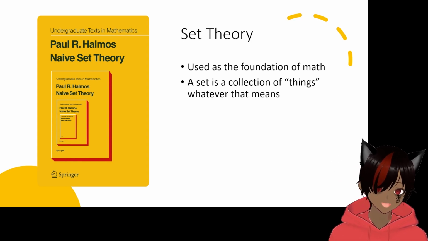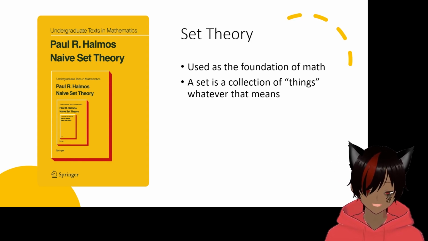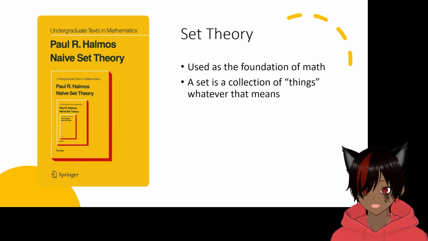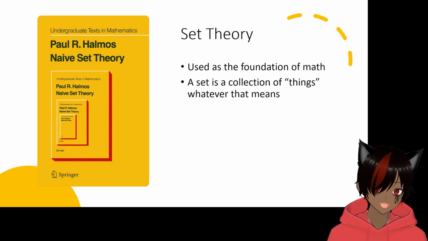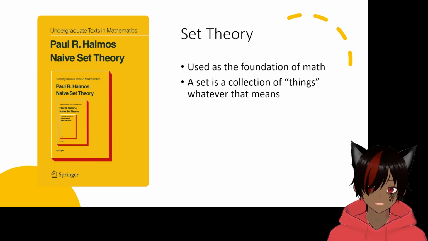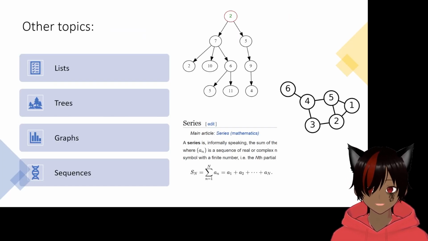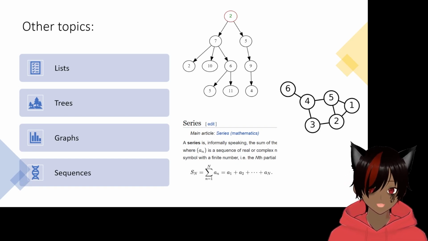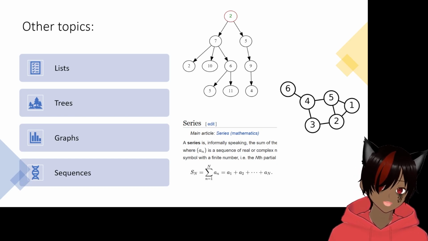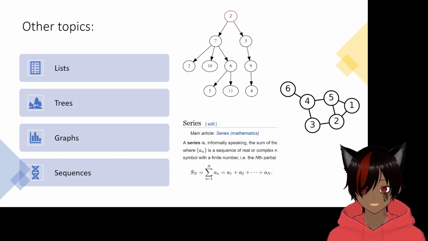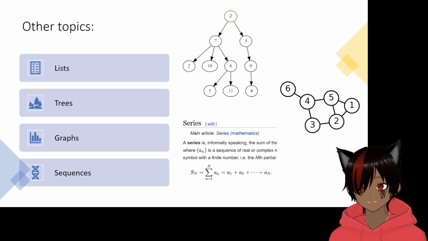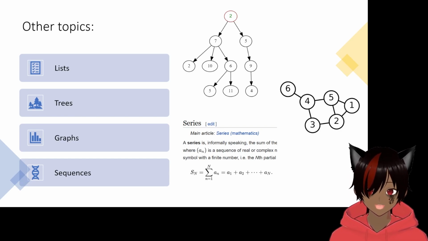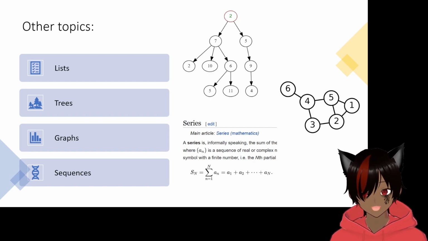And it's really fascinating how much of math you can build up from set theory. So discrete math has a little intro to set theory section. We talk about other discrete structures in it, like lists, trees, graphs, sequences, and so on. These are all very important because these are what we use in data structures and algorithms to model our data. So we learn about the mathematical properties behind these things.